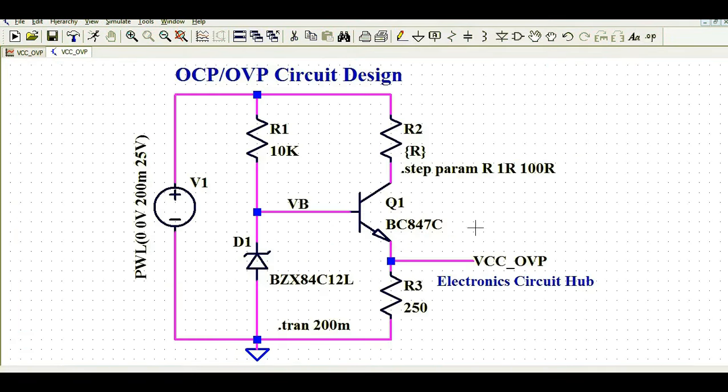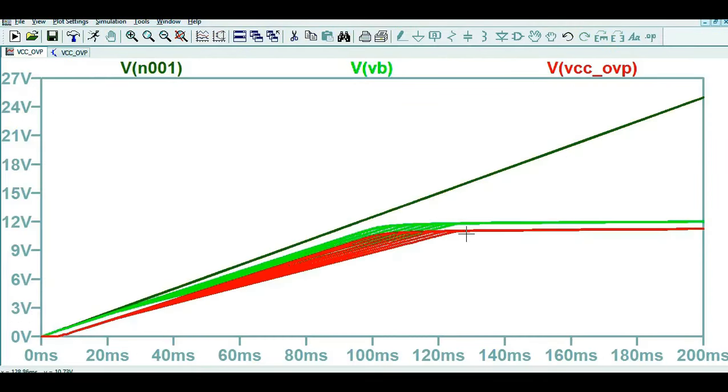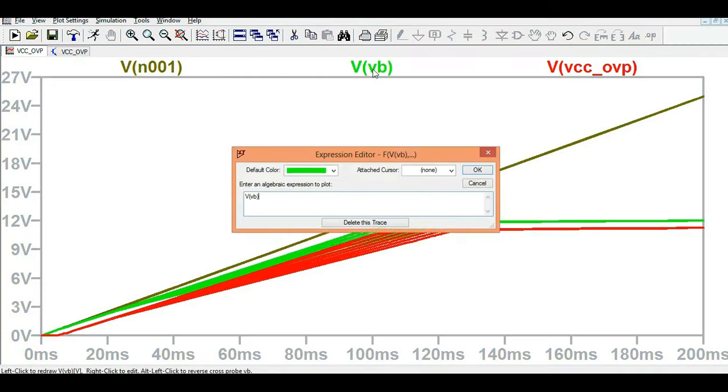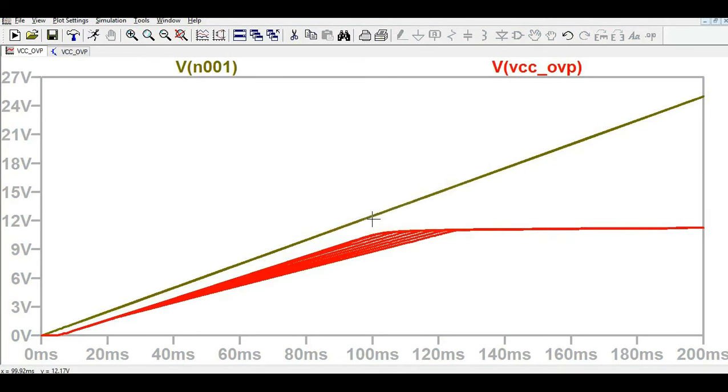What does it mean? It means that irrespective of the voltage change after this point, this is around 15.5 or 15 volt. After the 15 volt, input voltage is changing from 15 volt to 25 volt, but irrespective of the change in the input voltage, let me delete the base voltage so that you can better understand.